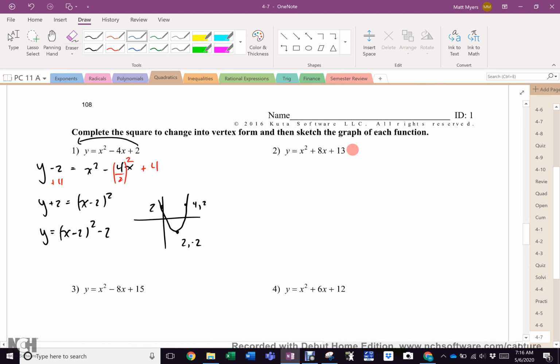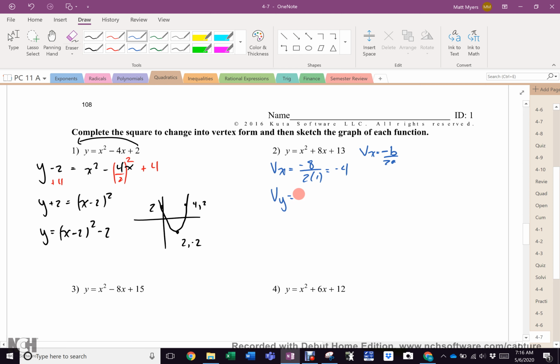Over here, vertex x equals negative b over 2a. So vertex x equals negative 8 over 2 times 1, which is negative 4.